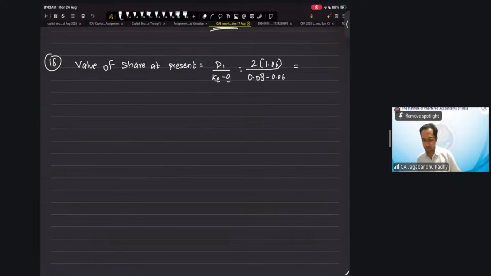So what's the value of the share today? Looking at the current situation, how much is it? It is 106. Okay.